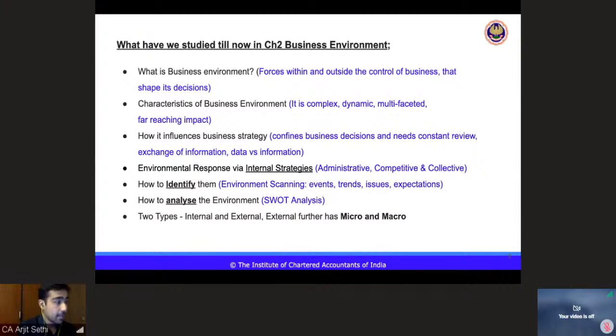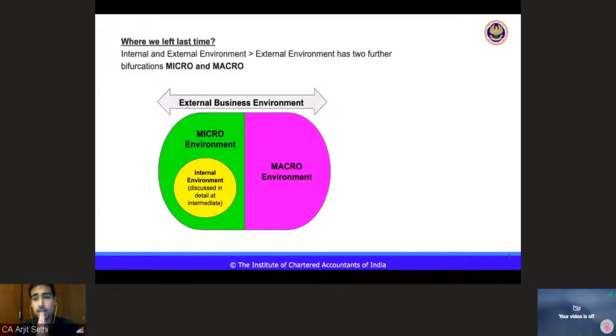Okay. Let me quickly begin with this. This is chapter number 2, business environment, and today we'll be understanding micro and macro environment. So this is the chart. This is the diagram we discussed in the last session, where we understood micro and macro as two components of the business environment. Internal environment is actually a part of the micro environment, and this internal environment will be discussed in detail at the intermediate level.